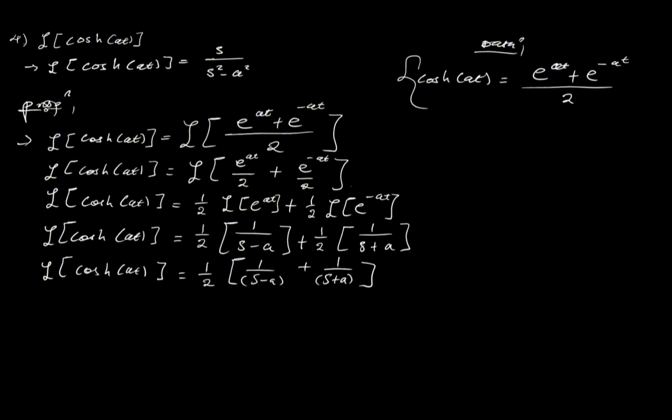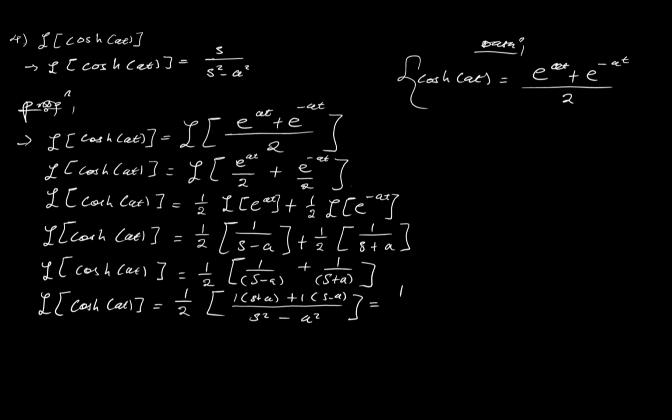By looking for the common denominator, we have the Laplace of cosh at being equal to 1 over 2. The common denominator will just be the two factors multiplied together, which gives us s squared minus a squared. On top, we'll have 1 multiplying s plus a, then plus 1 multiplying s minus a.